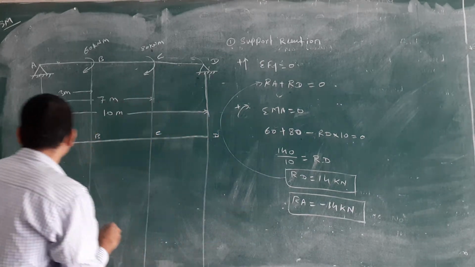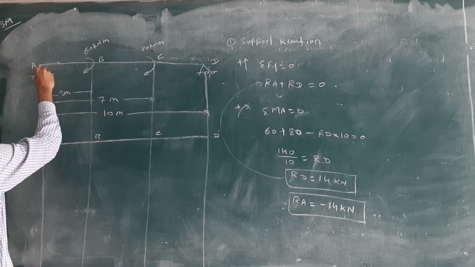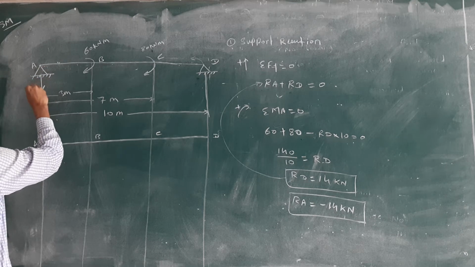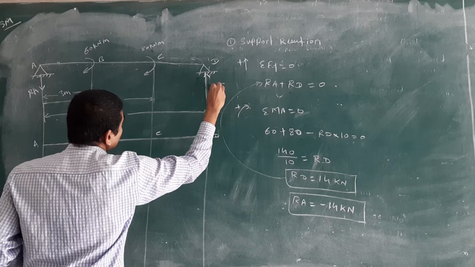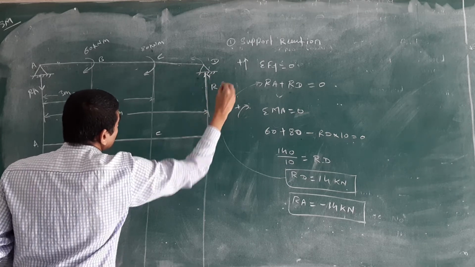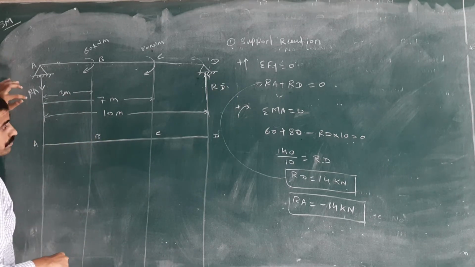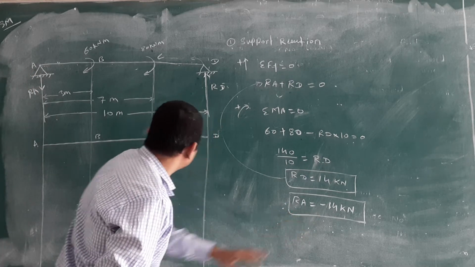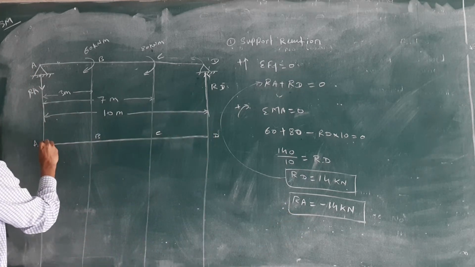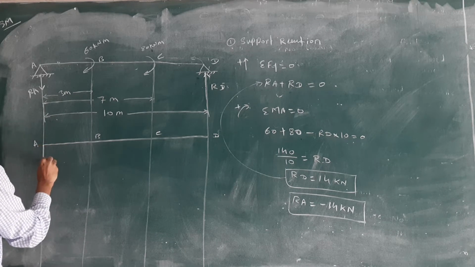Not positive. This force is in the downward direction at RA, and at RD this force is in the upward direction. Remember that, don't confuse. RA doesn't act in the upward direction. RA is downward. That's why from the 0 line we are coming downward.